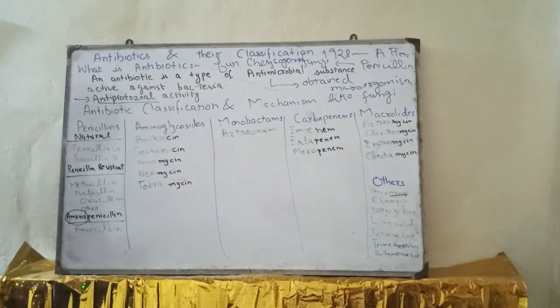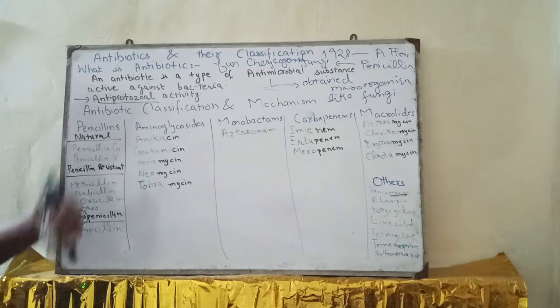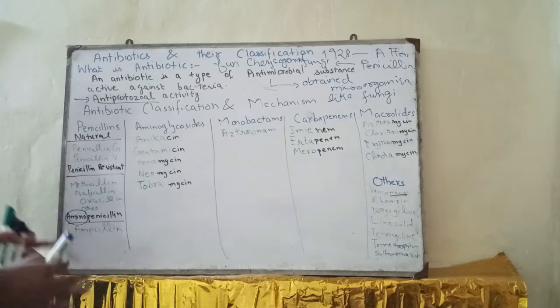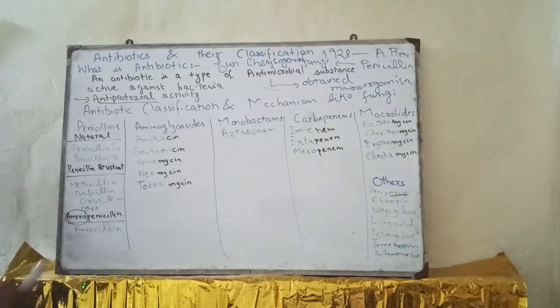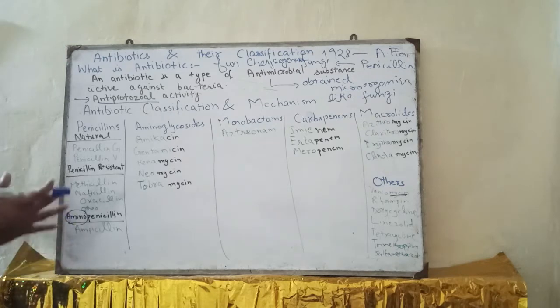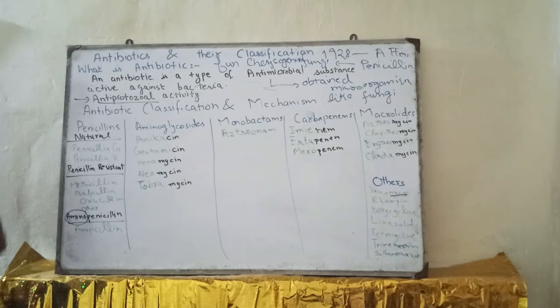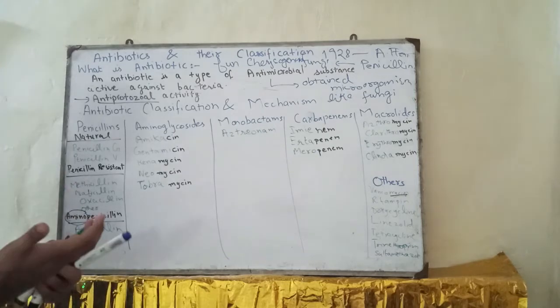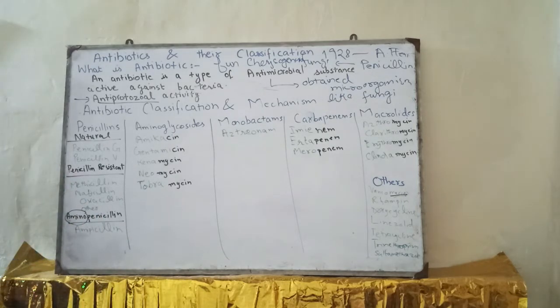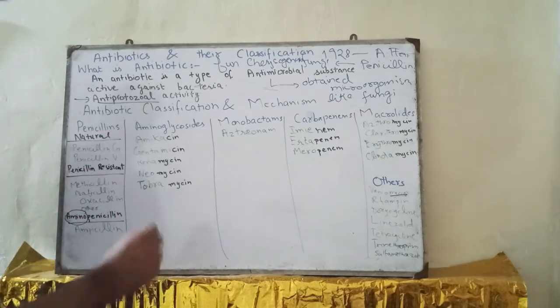We will discuss the structure when we cover penicillin in the next video, where I will show you the amino group attached to the penicillin, and that's why they are in the third category. In aminopenicillins we have ampicillin and amoxicillin. These drugs are effective against methicillin-resistant Staphylococcus aureus and other bacteria that are resistant nowadays.